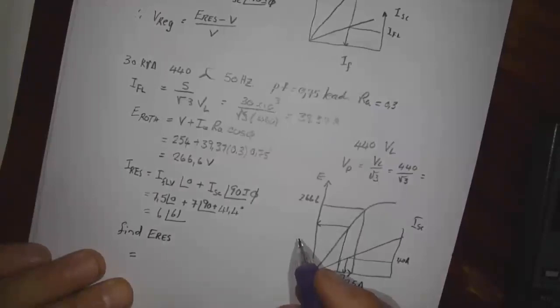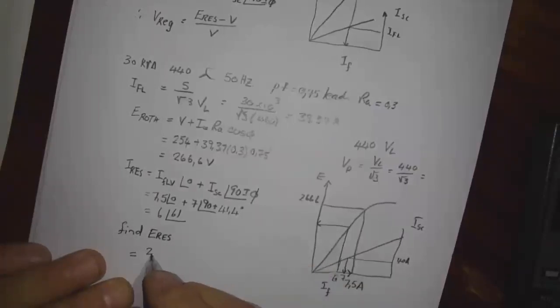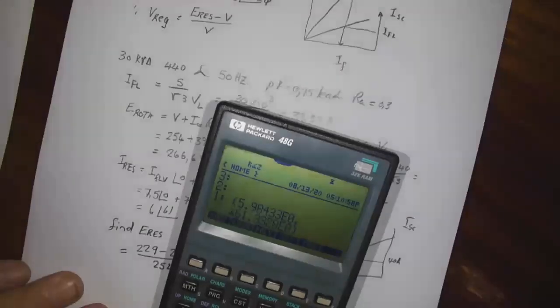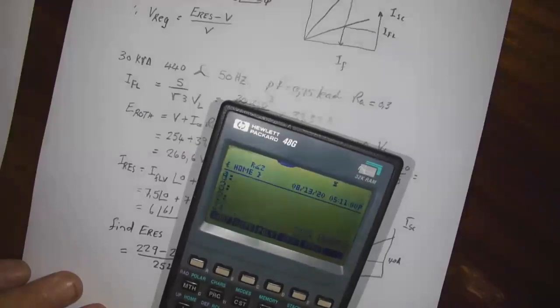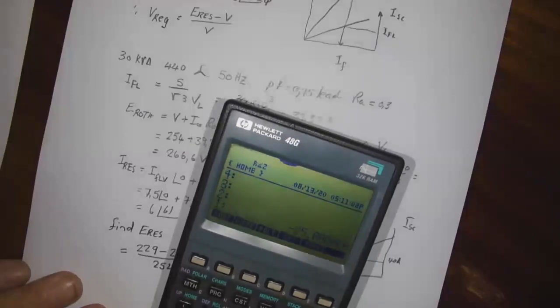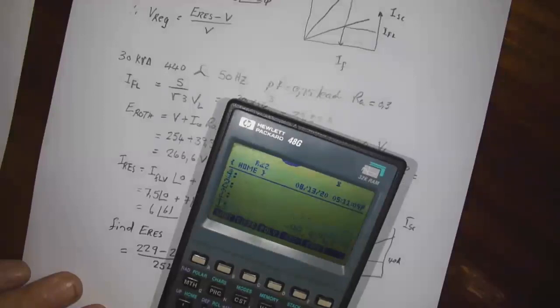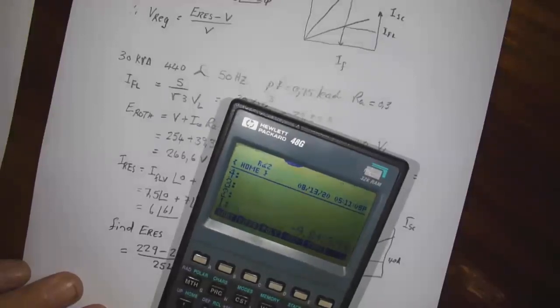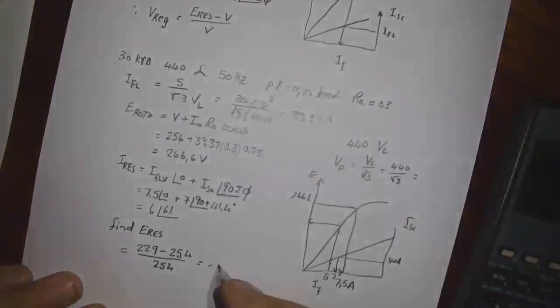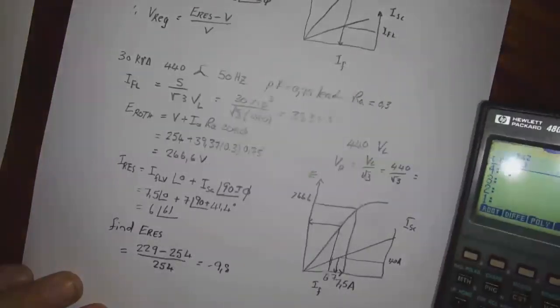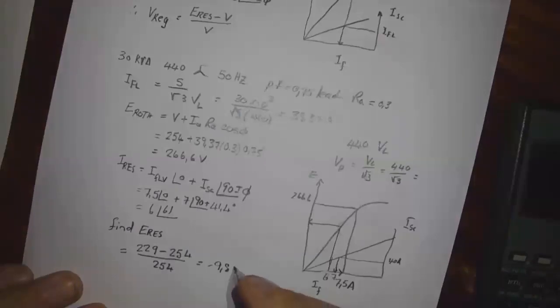So therefore, it is 229 minus 254, divided by 254. That gives us minus 9.84.